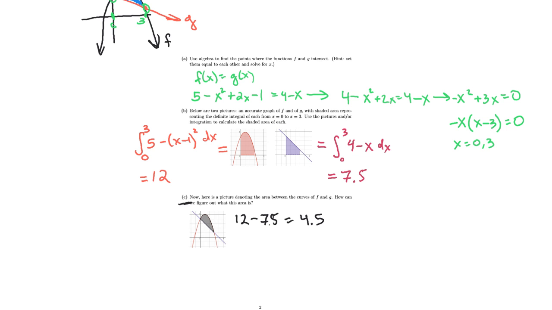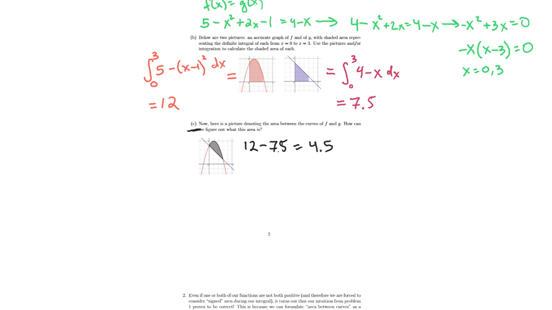But I also want to highlight how we can figure out what this area is in a more integral kind of way. The 12, of course, came from calculating the integral from 0 to 3 of f of x.